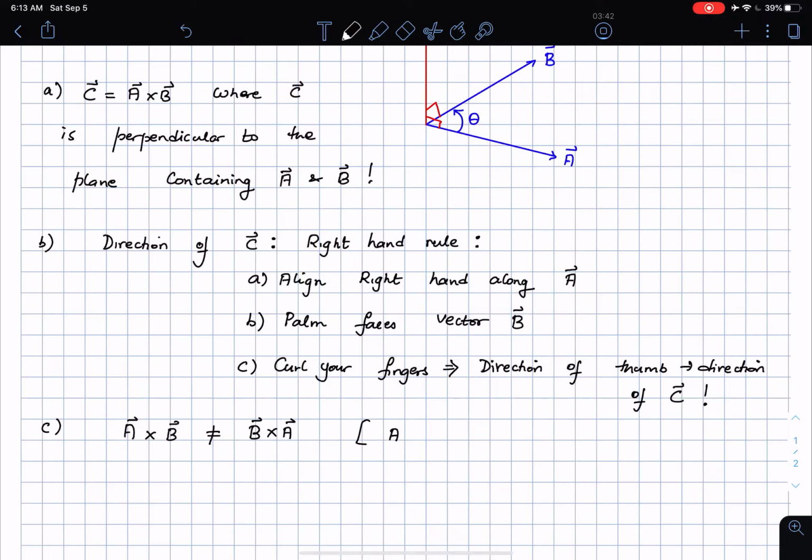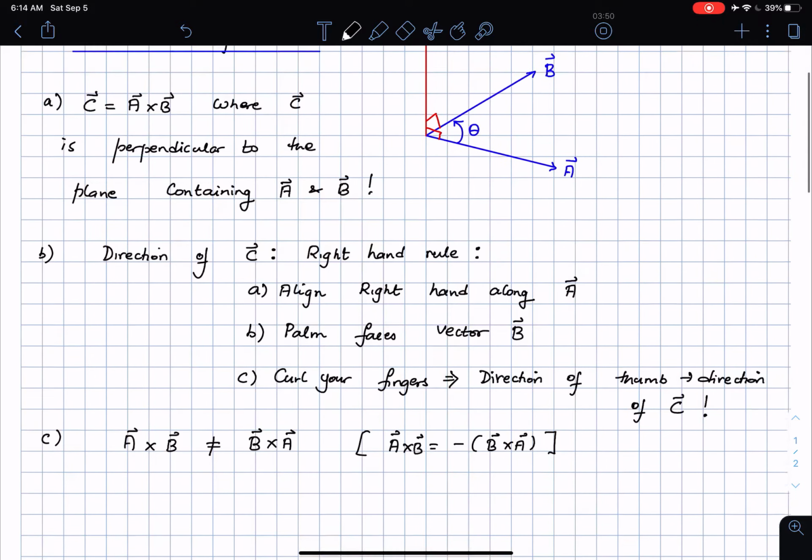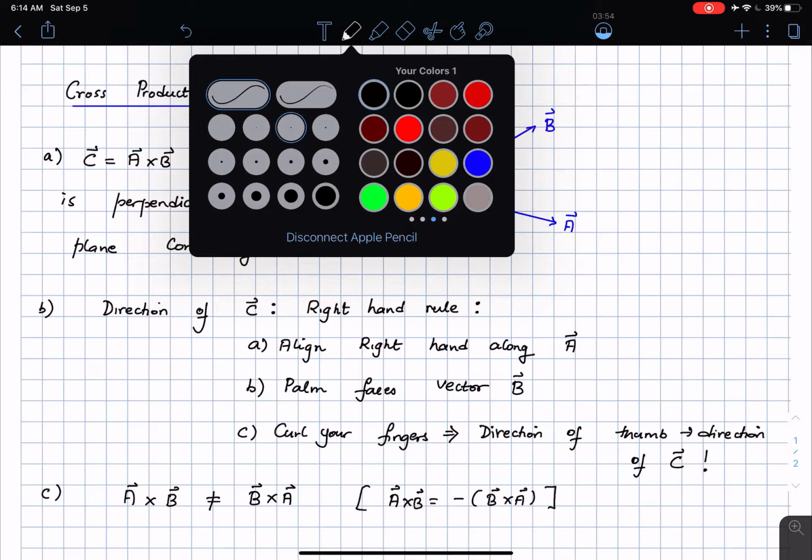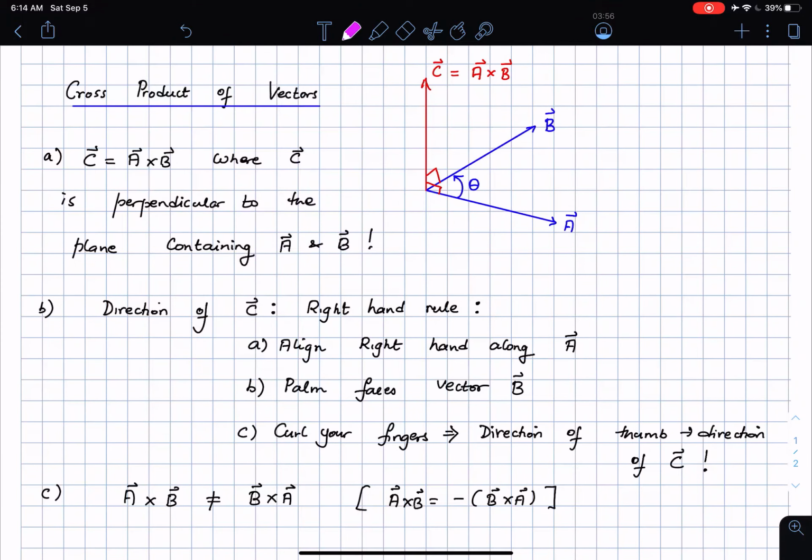Actually, A cross B is equal to minus B cross A. If I take B cross A, it's going to give me a vector in the direction opposite to the vector C. So this is probably going to be some other vector D, which is B cross A.